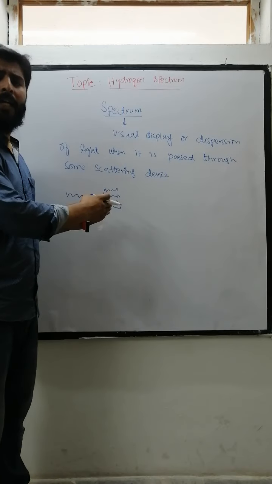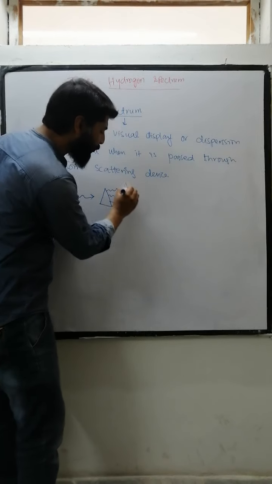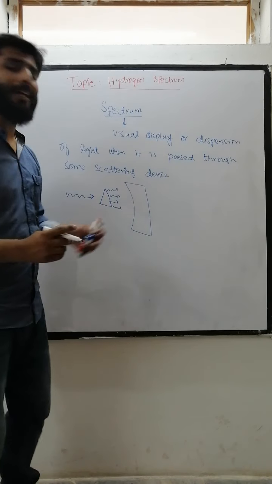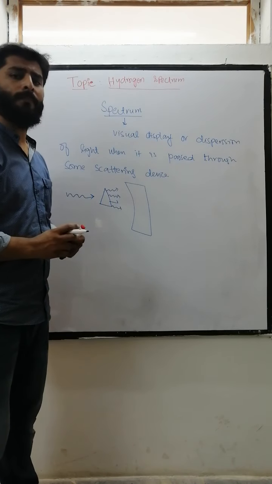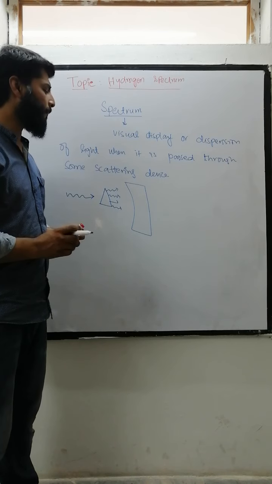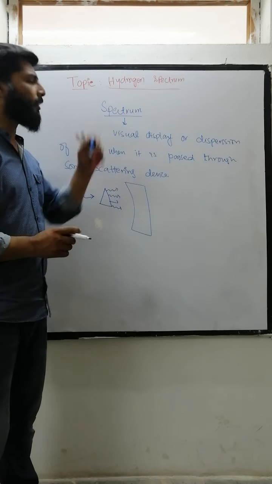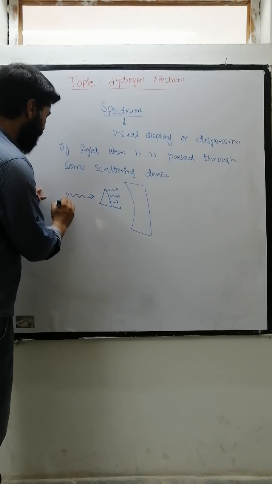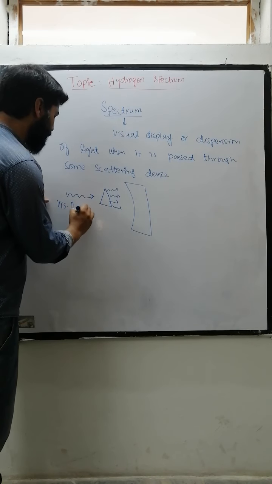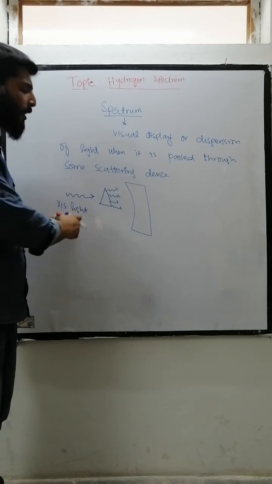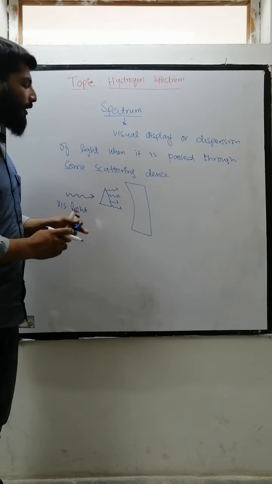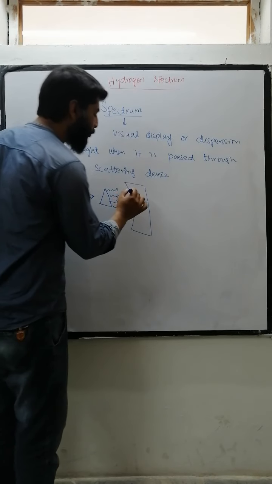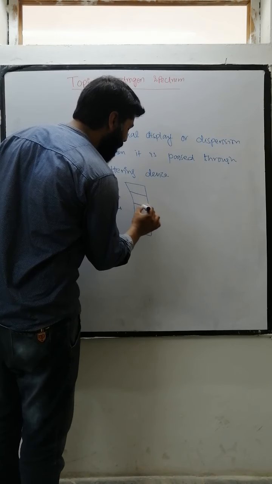This scattering of light will produce a visual pattern. You will observe some sort of colors on screen. This color pattern is known as the spectrum. For example, when visible light is passed through the prism, it is scattered into 7 different colors and you will observe a color pattern.